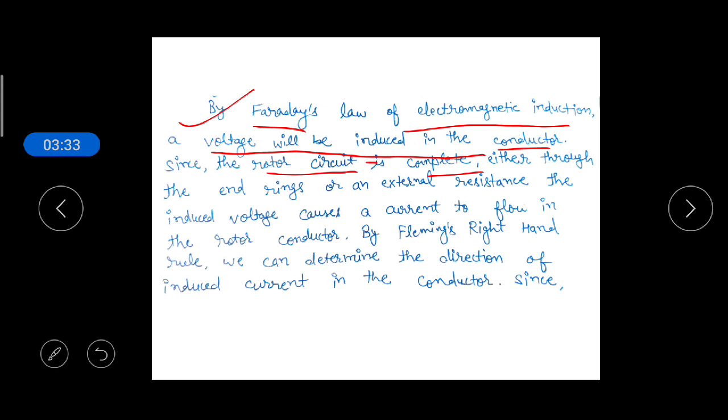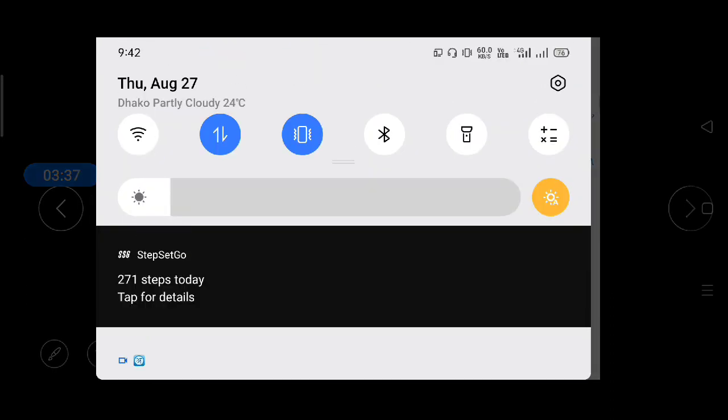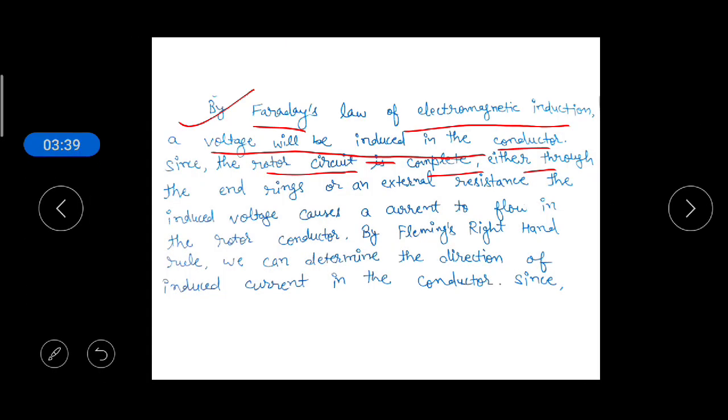Since the rotor circuit is complete and there is a voltage induced in the rotor conductors, what will happen? There will be a current flow in the rotor conductors.